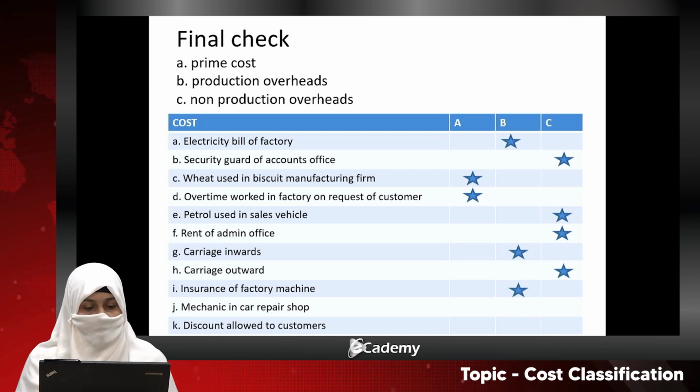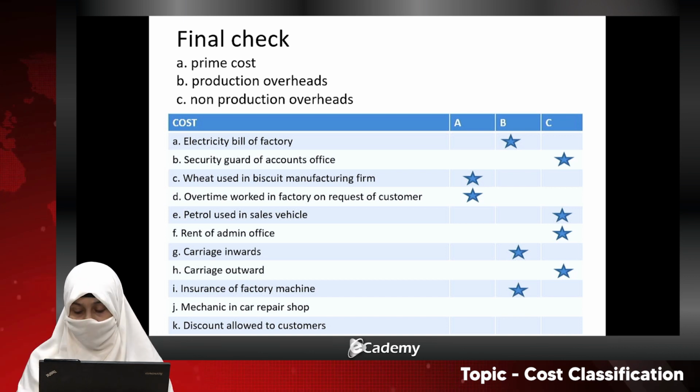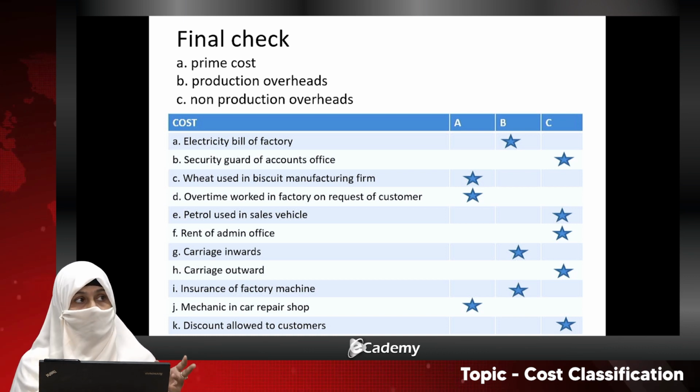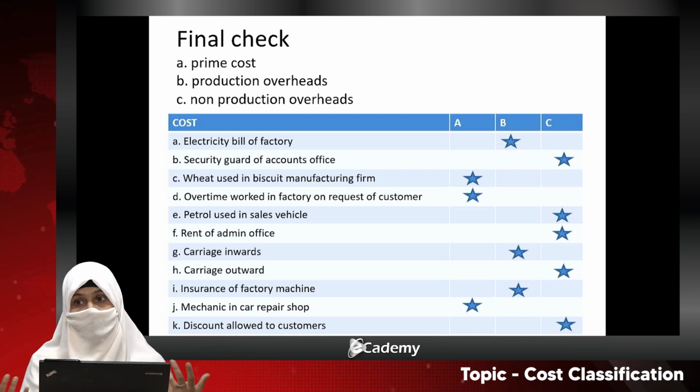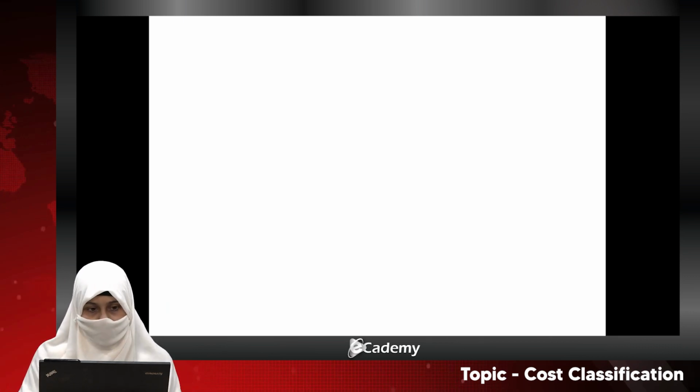Mechanic in a car repair shop is a direct worker, because the job is to get the car repaired for customers, and the person repairing it is a direct worker, so it's prime cost. Discount allowed to customers is a non-production overhead, because it's dealt with by our sales department or accounts department. It has nothing to do with the factory or the goods you have manufactured, so it's a non-production cost.